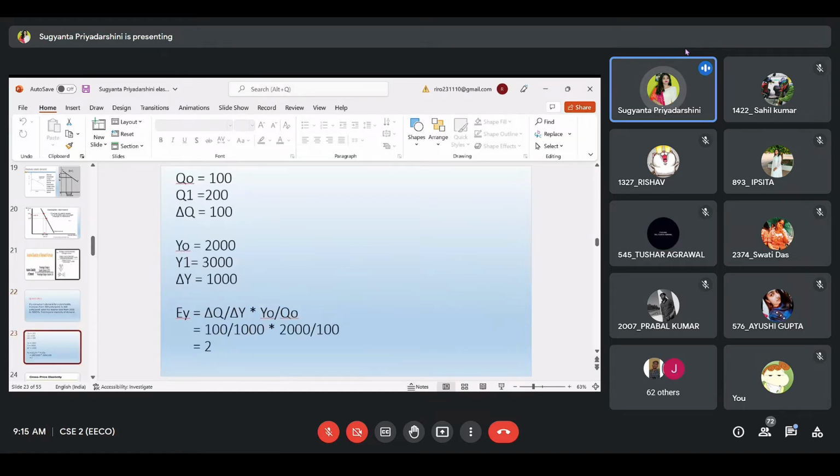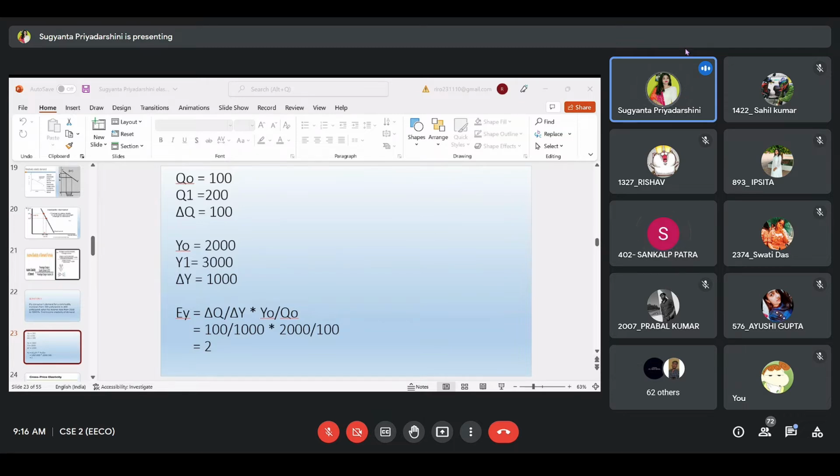Most of you have got two, but I think someone has got a bit different answer, six. Okay, Sankar, calculation mistake. Is it done now? Did you get to know how it is two?